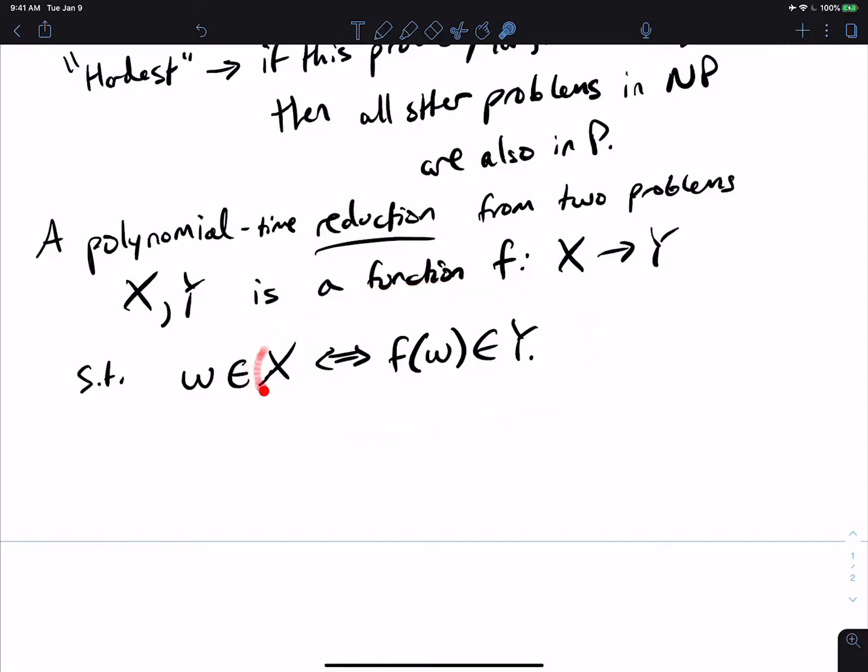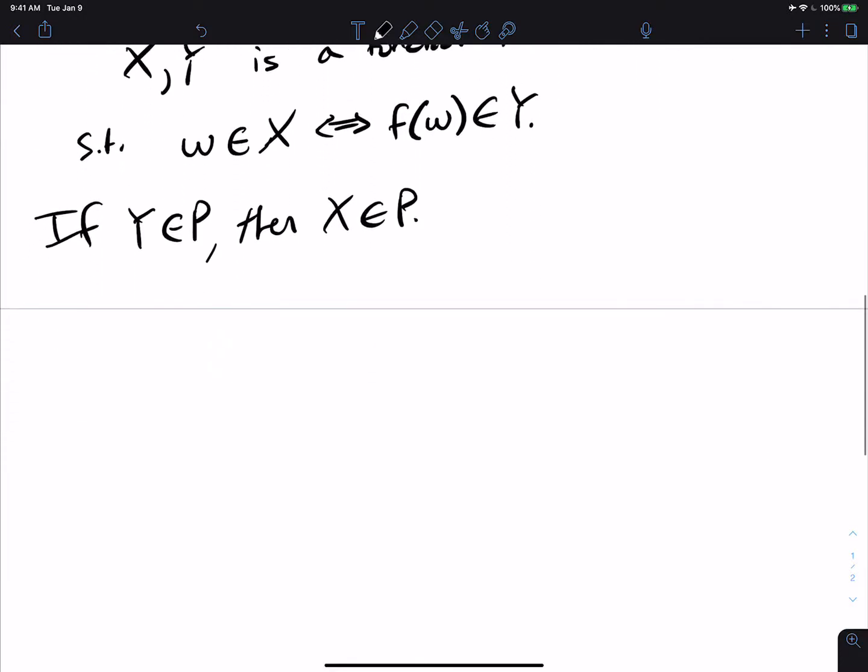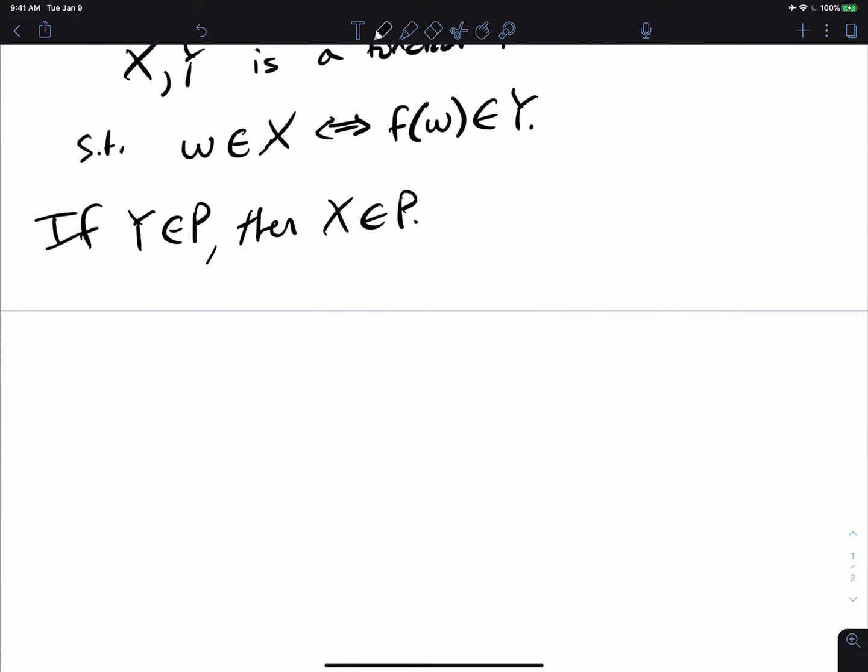That tells us that X is in P. So if Y is in P, then X is also in P. Then what we can say is the contrapositive of this: if X is not in P, then Y cannot be in P. It's literally just the contrapositive, which is equivalent to the original.